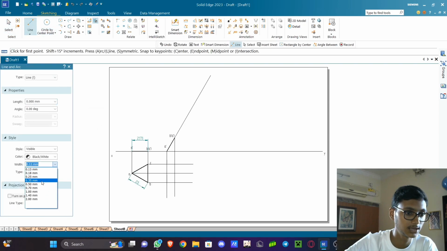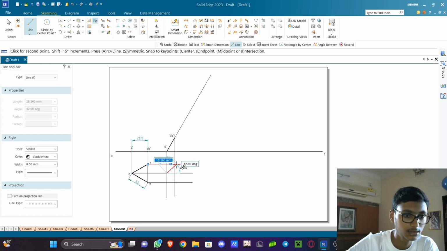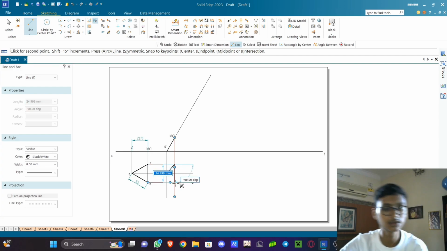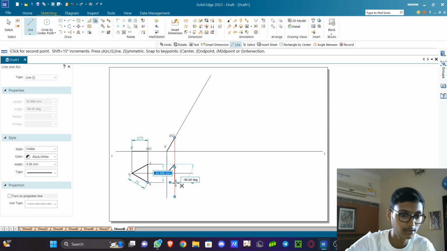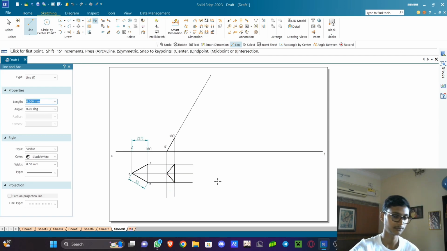It should be a thick line. Exactly from here to here. When you get that cross symbol, you need to click it from here to here. You need to join it up. So our second part of the question is done.